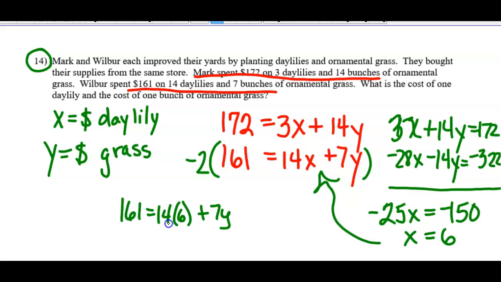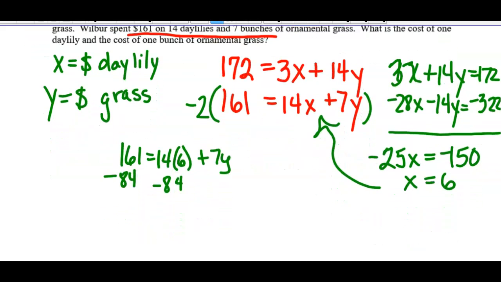This is 4, carry the 2, 84. So I need to subtract 84 from both sides. Trying to skip some steps here. So this is 77. And 7y, if we divide, we get 11. So the answer, these really need to be answered as a sentence.